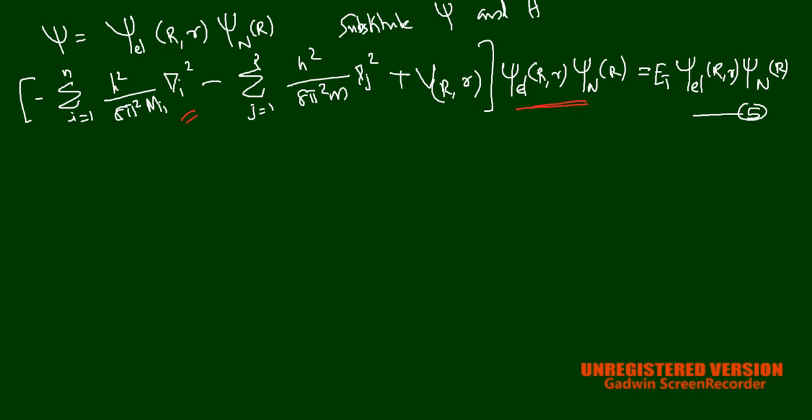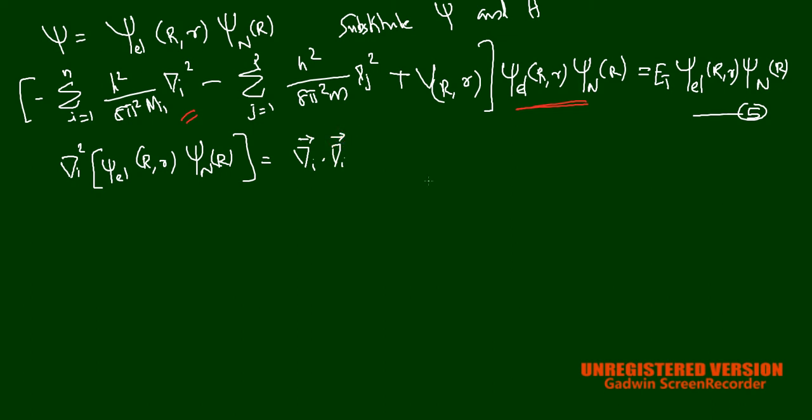Okay, so let us get the expression for that. Del I square of psi electronic (r, R) psi nucleus (R) is equal to, we can write del I square as del I dot del I. You already know this, right?